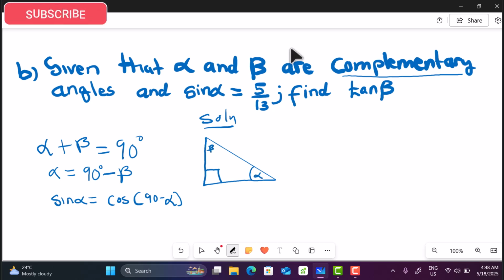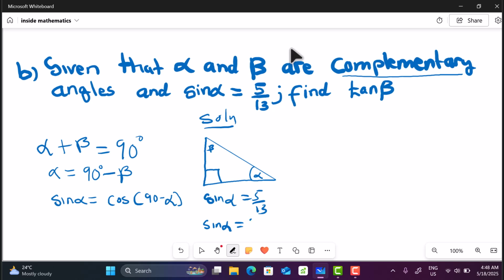Okay. So we are given that sine alpha is equal to 5 over 13. And we all know that in trig ratios, we have opposite over hypotenuse, where we use this concept, call it SOHCAHTOA.